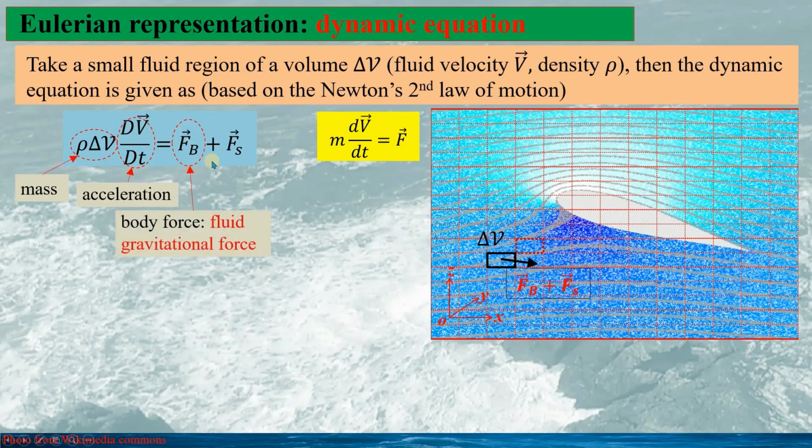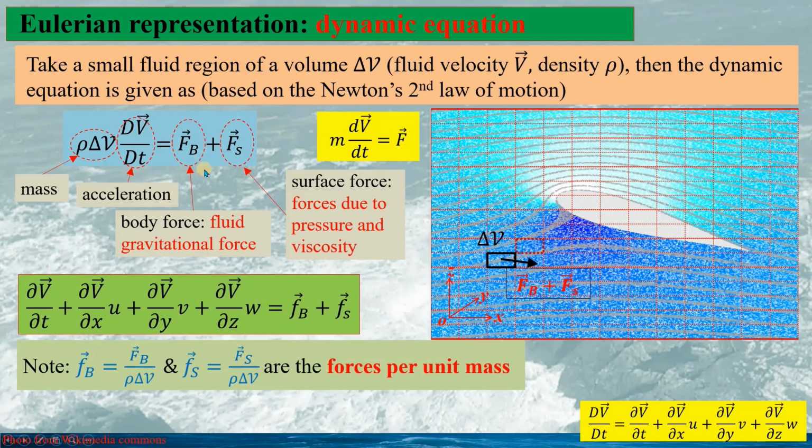And the vector Fb is the body force. In many applications, the body force would be the fluid gravitational force. And vector Fs is the surface force, and in most applications, the surface force would be caused by the fluid pressure and the fluid viscosity. This dynamic equation for the fluid can be expressed as this.